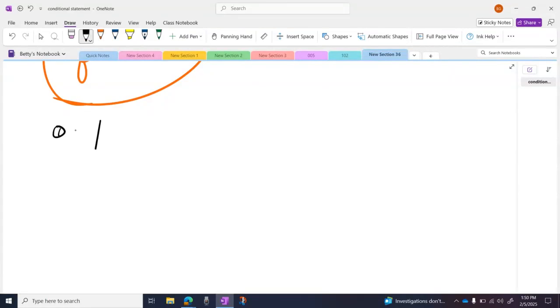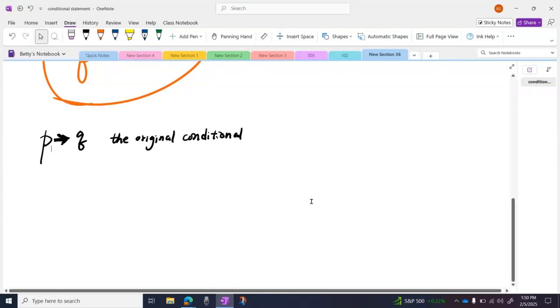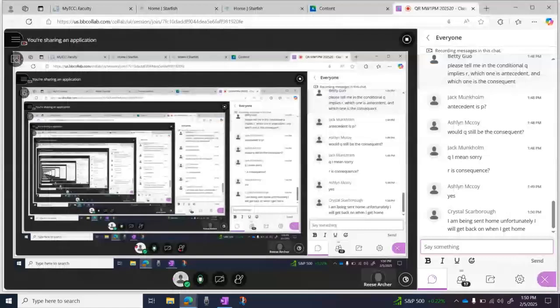So we are going to call P implies Q the original conditional statement. Okay, and I'm going to show you what is the inverse of a conditional statement, what is the converse, and what is the contrapositive of a conditional statement.